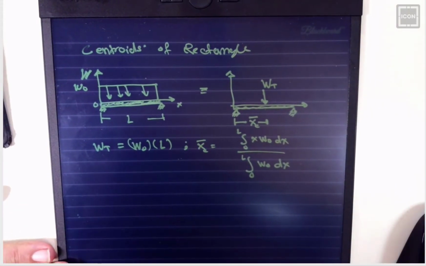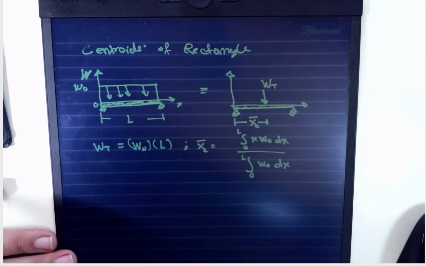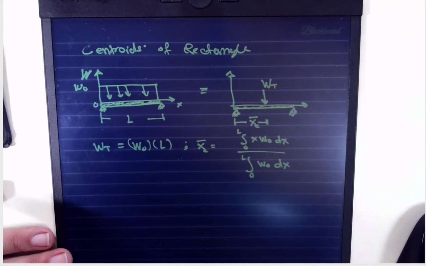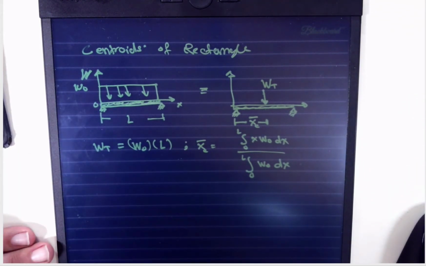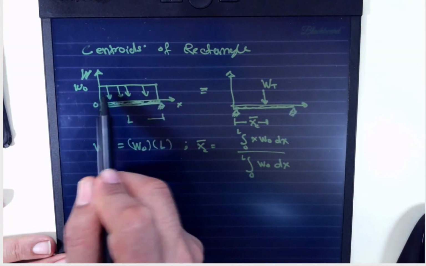Let's take this example. This is the centroid of a rectangle. As we promised, we will show you how to calculate that using the integration, and then we'll memorize the formula and use it going forward. And we'll take a combination of both rectangle and triangle. So we have a uniform distributed load.